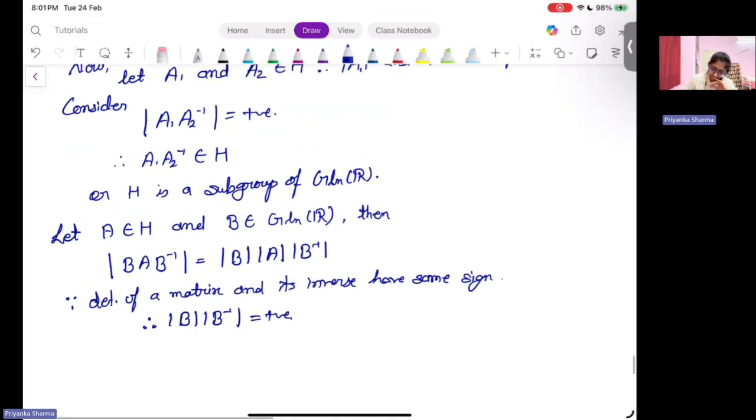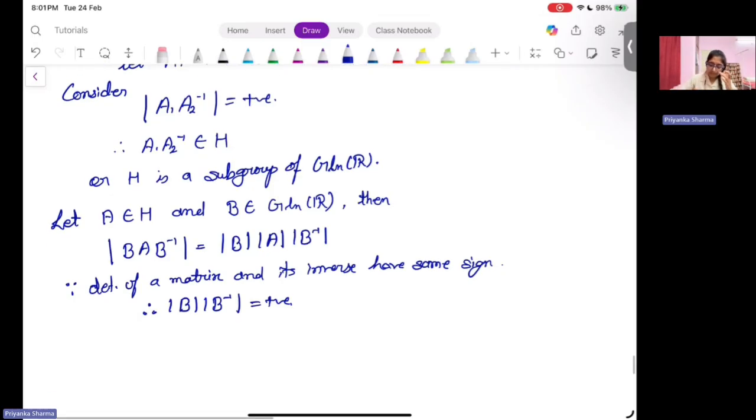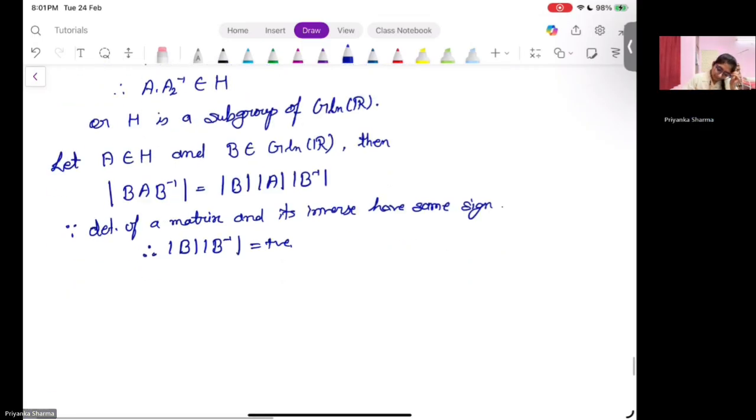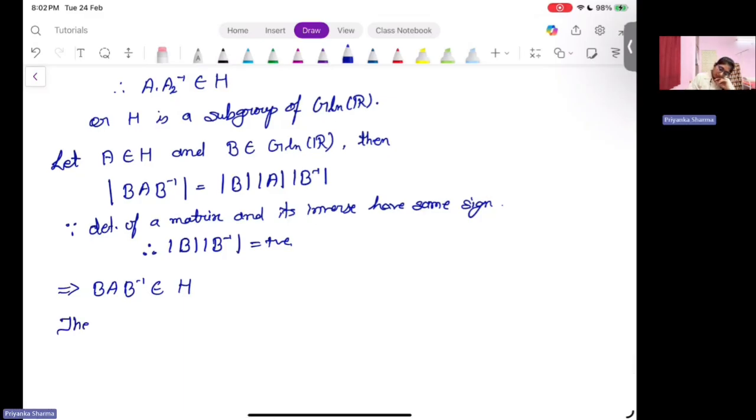And determinants are real numbers, and real numbers are commutative, so that's why I'm writing it. So this implies that B A B inverse belongs to H because it has positive determinant. Therefore, H is a normal subgroup of GLnR.